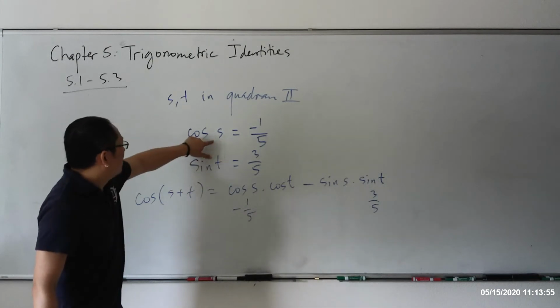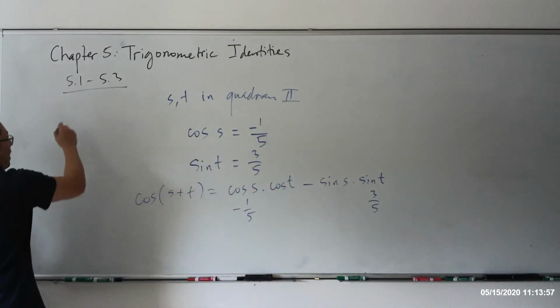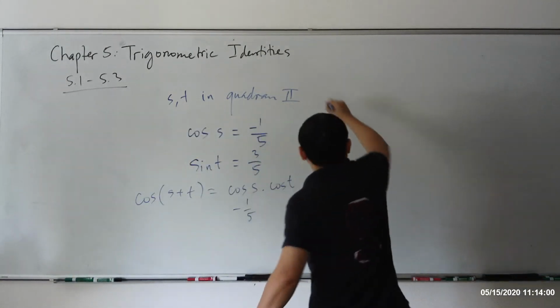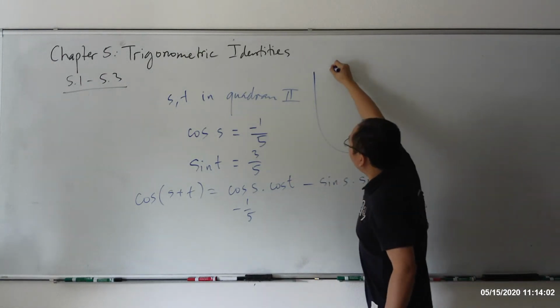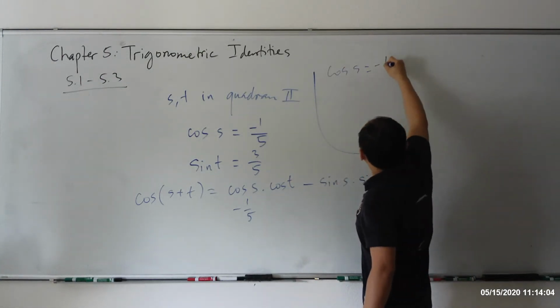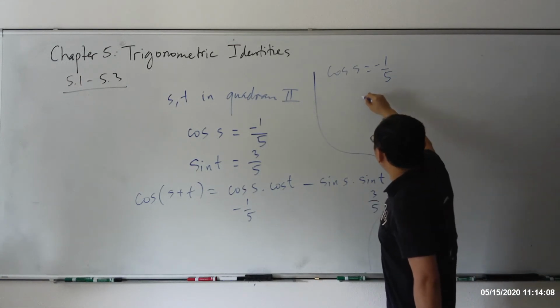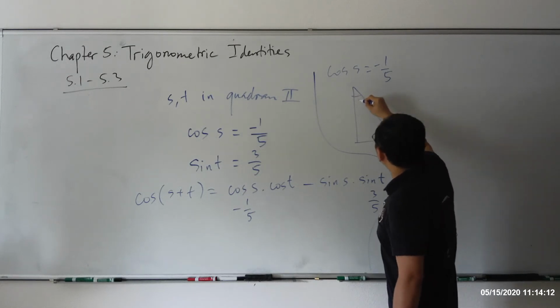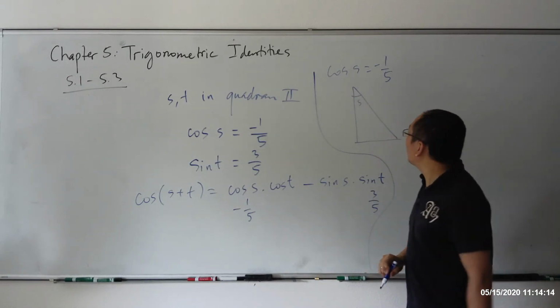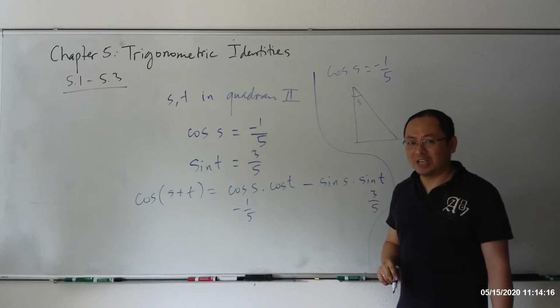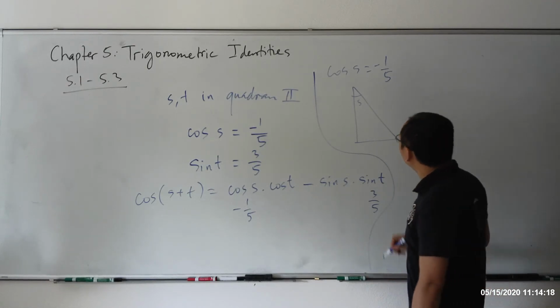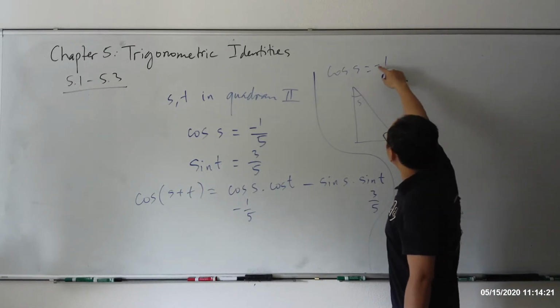Let's start with cosine S. We have cosine of S equal to -1/5. And the strategy is this. You're going to draw a right triangle. The angle is S. And you know that cosine is adjacent over hypotenuse. So cosine of S is -1/5.